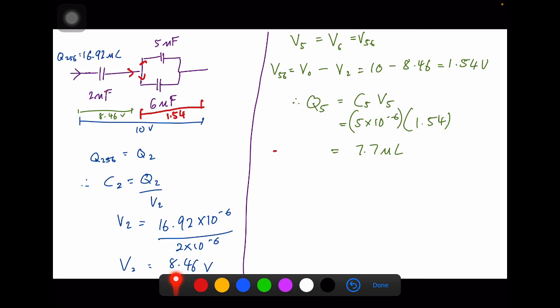So like I told you previously, even though the question looks very simple, to solve it you have to do it step by step. There's no shortcut. I just write it over here what you need to do. Number 1, redraw. When you redraw, make sure every time you make a junction, you start from positive terminal or negative.